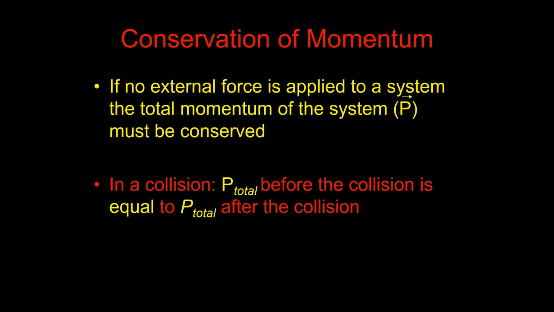So, we're going to move into talking about conservation of momentum. And with conservation of momentum, what we're really going to be talking about there is collisions. What we really want to do is look at interacting bodies and say, what is the momentum before the impact, and set that equal to the momentum after the impact.